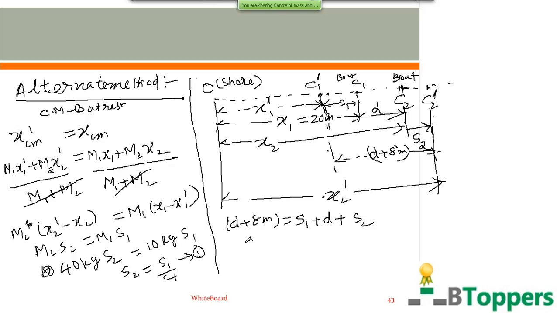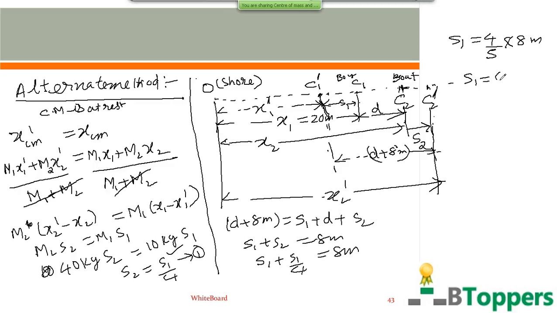D gets cancelled, so you get S1 plus S2 equal to 8 meters. You can substitute S2 equal to S1 by 4. So if you simplify this yourself, S1 you get 4 by 5 times 8 meters, or S1 is 6.4 meters.